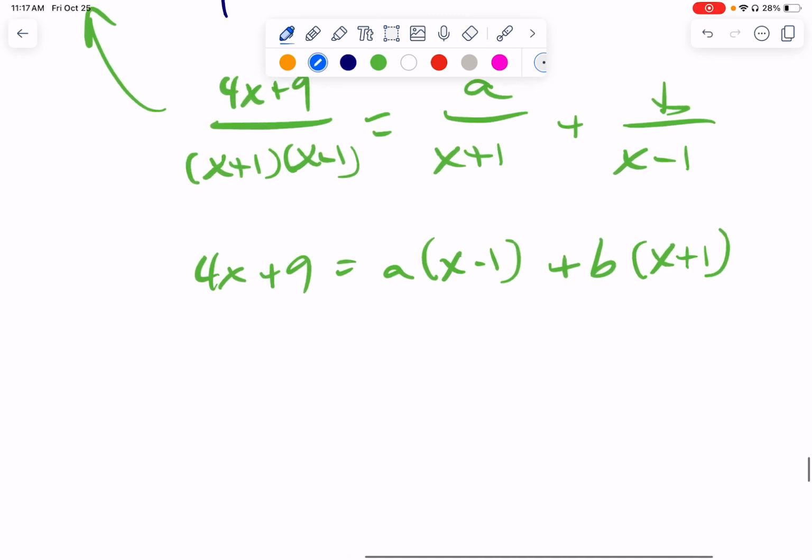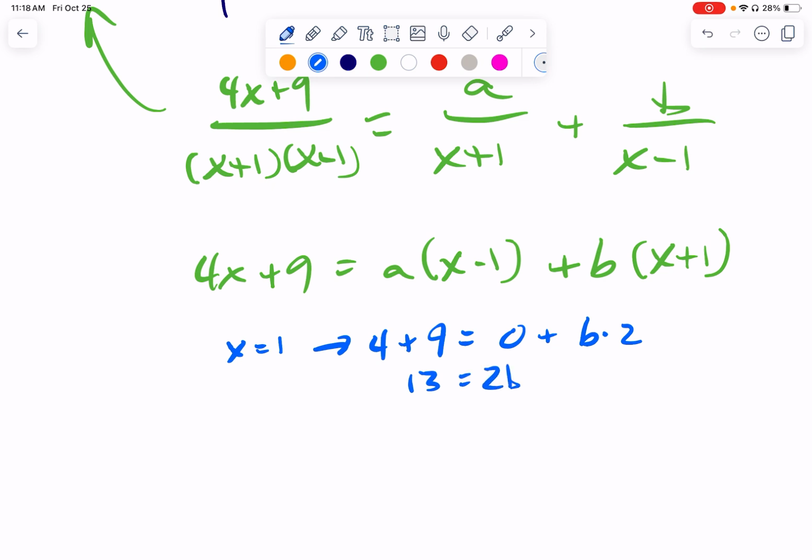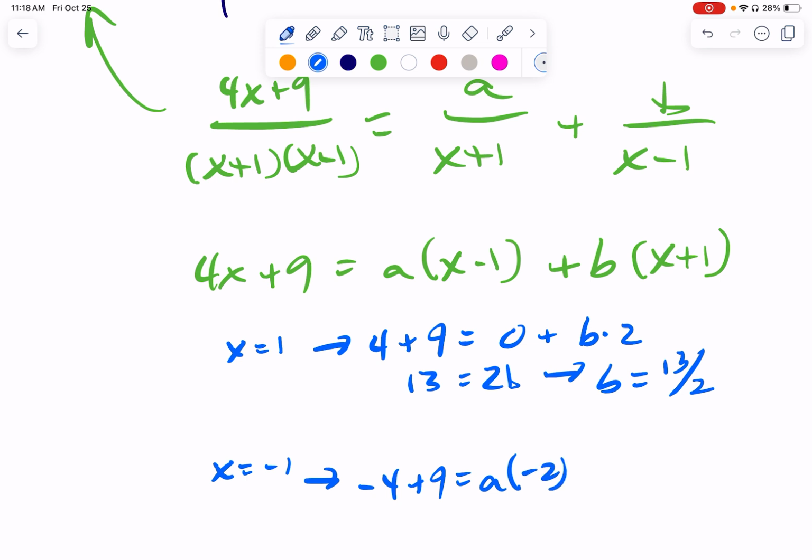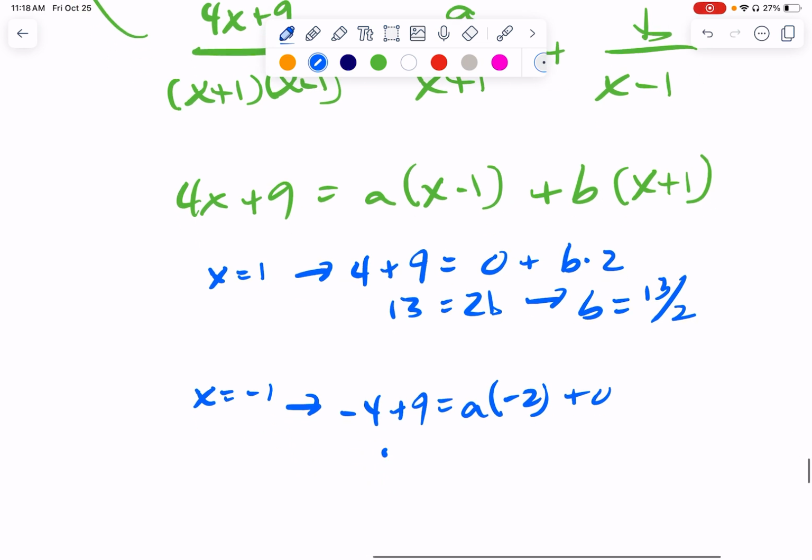If I plug in x equals 1, that's super convenient, and I get 4 plus 9 equals 0 plus b times 2. So 13 equals 2b, and b equals 13 halves. If I plug in x equals negative 1, I get negative 4 plus 9 equals a times negative 2 plus 0. So 5 equals negative 2a, and a equals negative 5 halves.